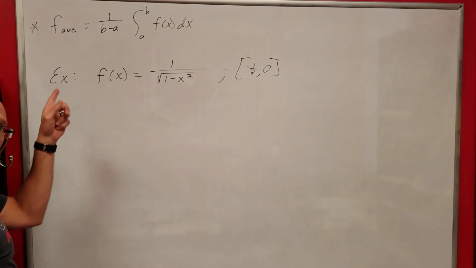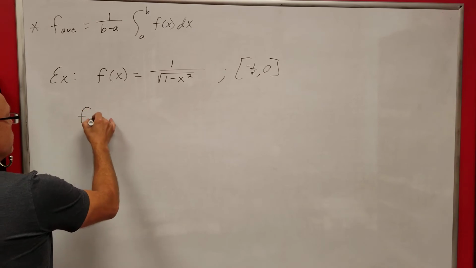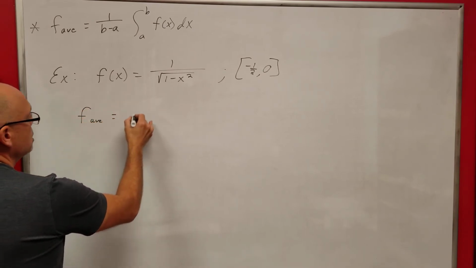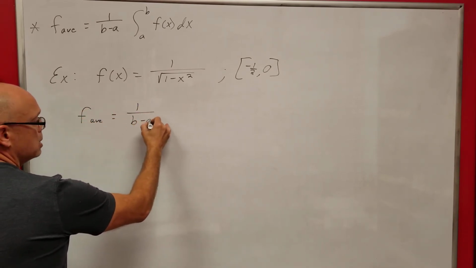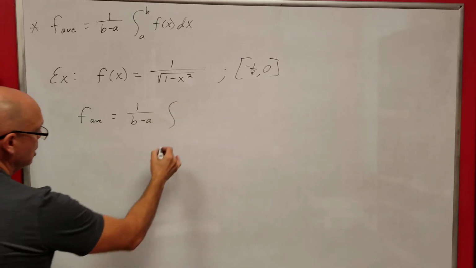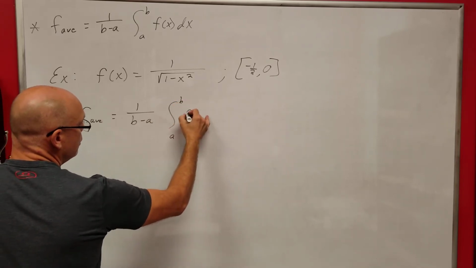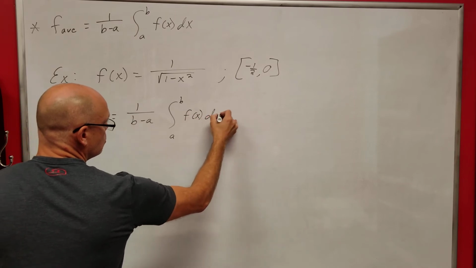And according to my formula up here, the way I find the average value is I do 1 over b minus a times the integral from a to b of f of x dx.